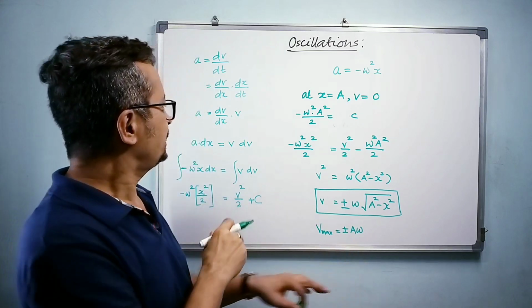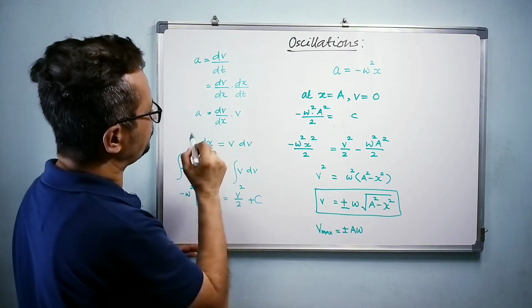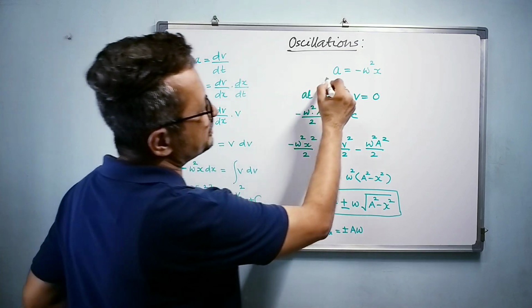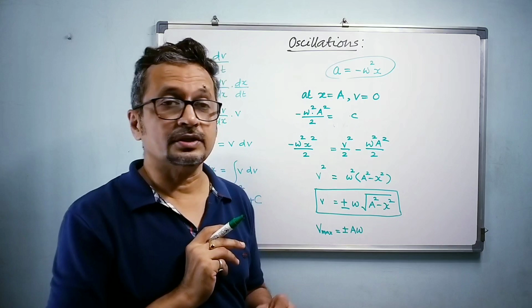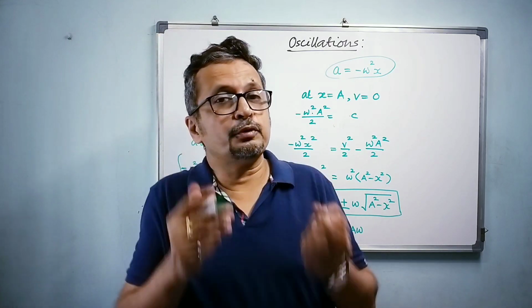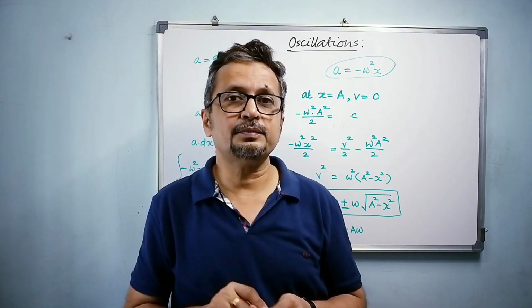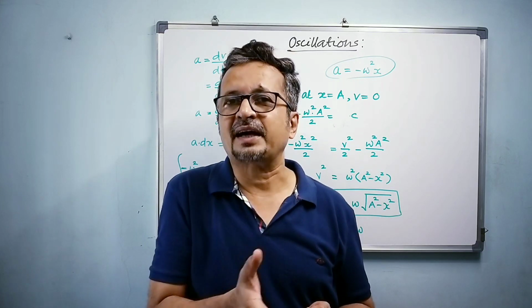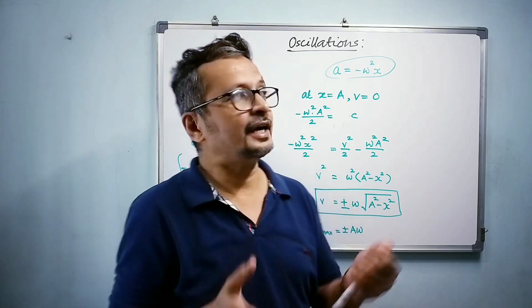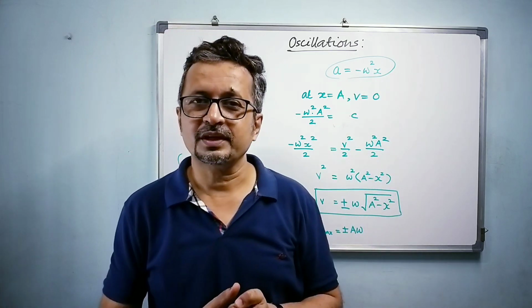Now in the same way, what is the maximum value of acceleration? Your acceleration is this, correct? Now if you put x is equal to 0, that is at the mean position, the acceleration is 0. See, the velocity at mean position is maximum, but the acceleration at mean position is 0, isn't it?